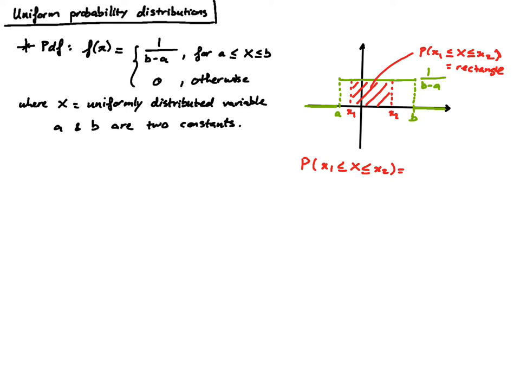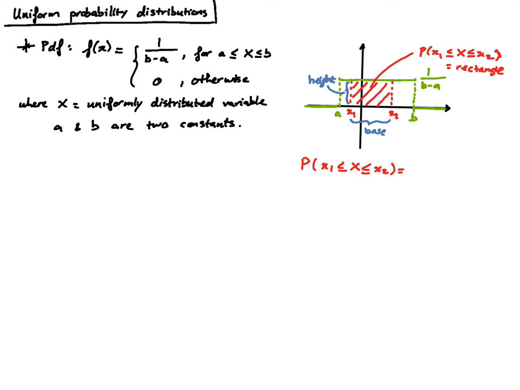We find the area of a rectangle by taking the base times the height, right? And the base is just the difference between x2 and x1, and the height is the distance between the x-axis and the probability density curve. And we know that that distance is 1 over b minus a.